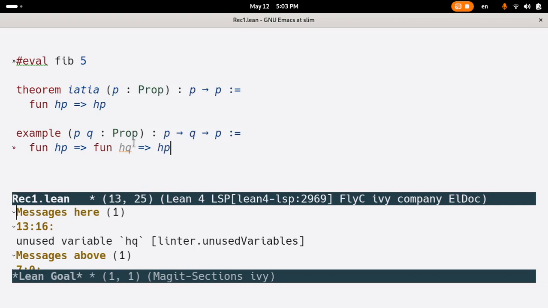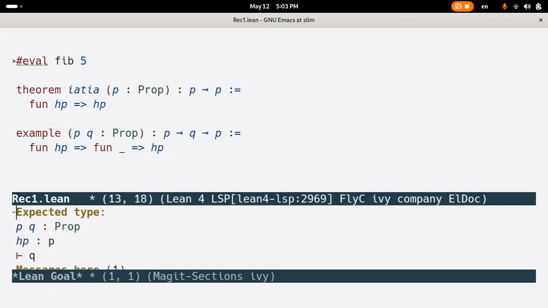So to silence this warning, you can say that the variable name is underscore, and Lean takes it to mean that you are not going to be referring to this variable.